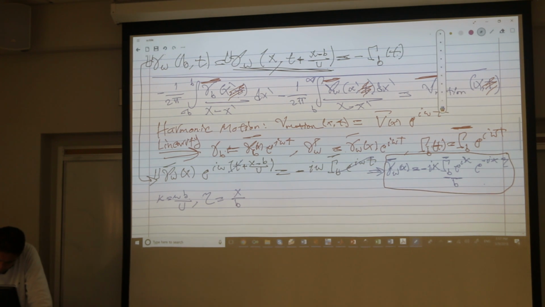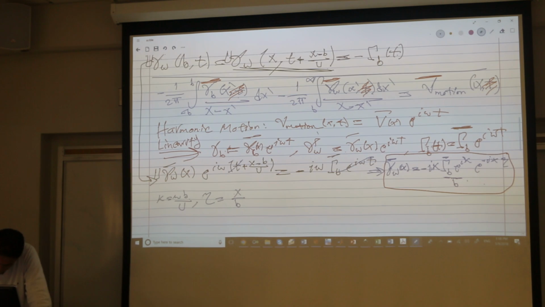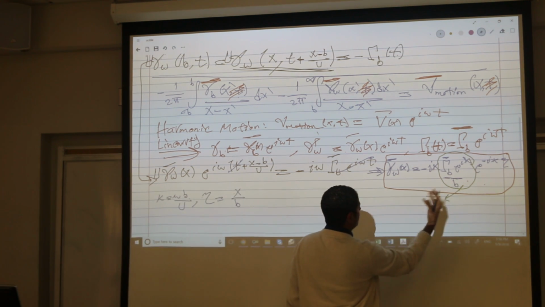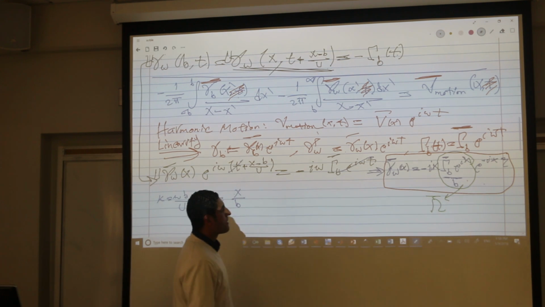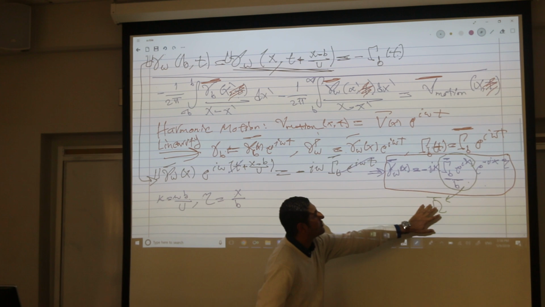But to lump things together, Schwarz called this omega. Anyway, it's the circulation, the amount of circulation. So we got the wake circulation distribution in terms of the total circulation.